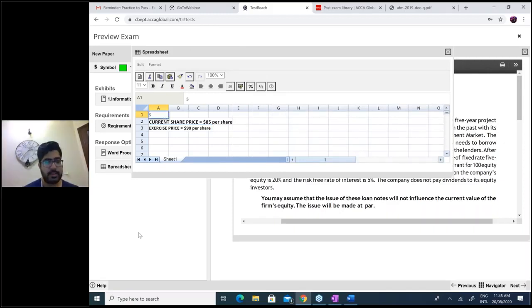So let's start the steps. I told you that step 1 is to find PA, PE, R, S, T. PA is the current share price. The exercise price is 90, that's PE.